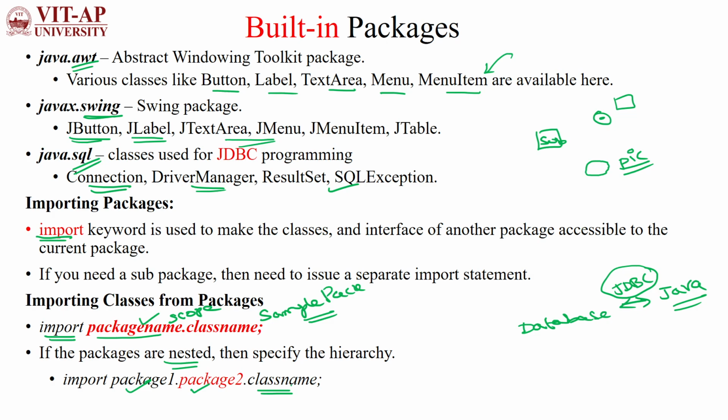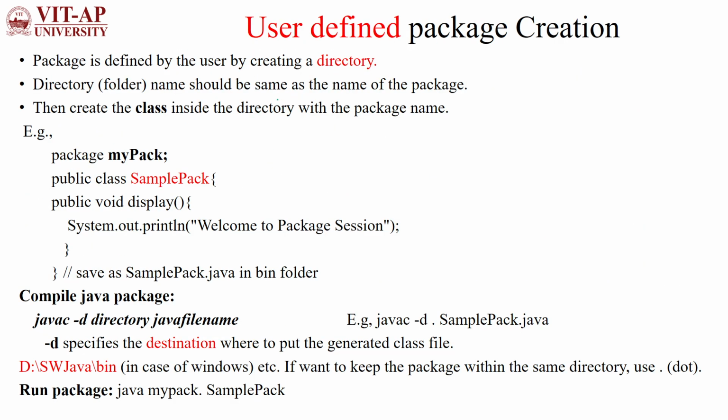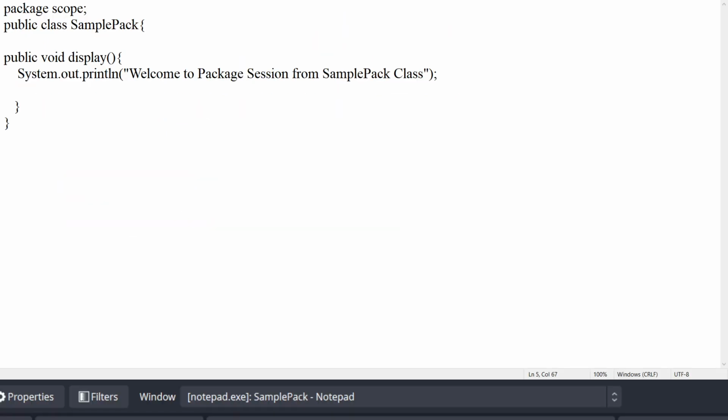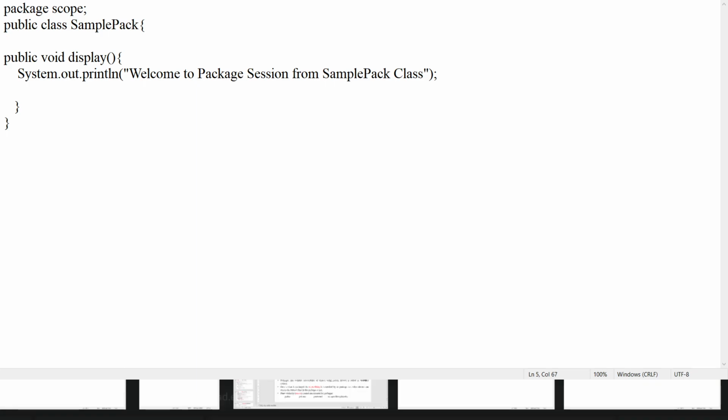So using this we are going to see one example of how to define a user defined package by creating the directory, right? The directory is simply a folder name, so inside that we are going to create. I will show the program with an example here. This program creates the package scope, right?